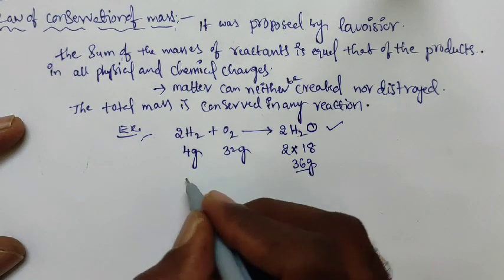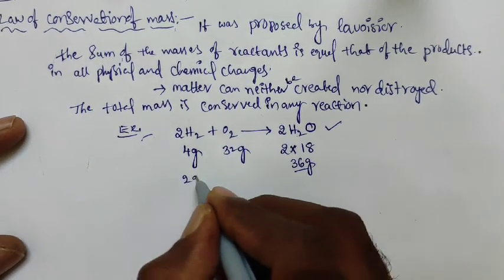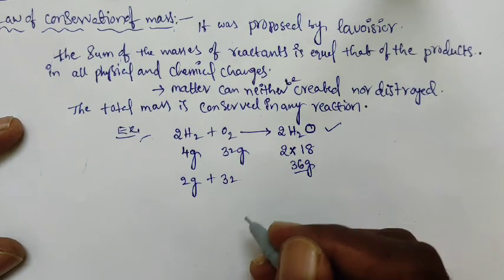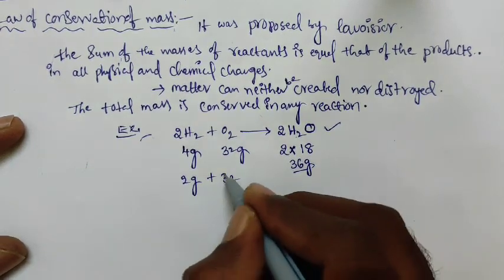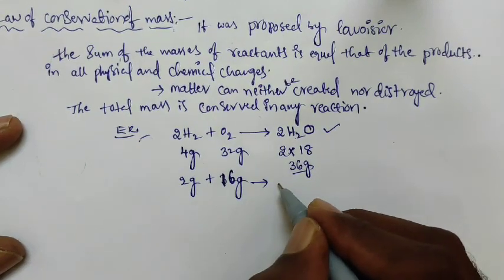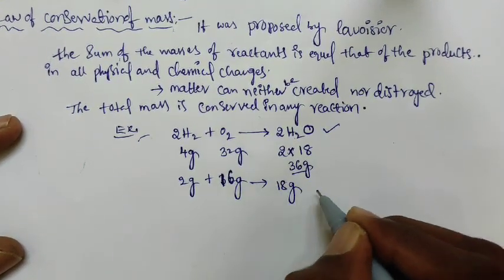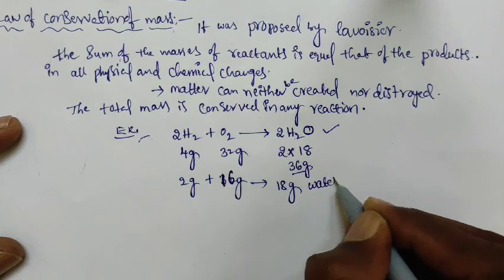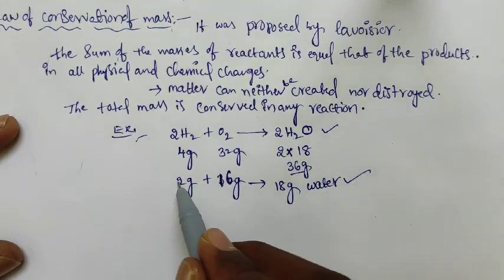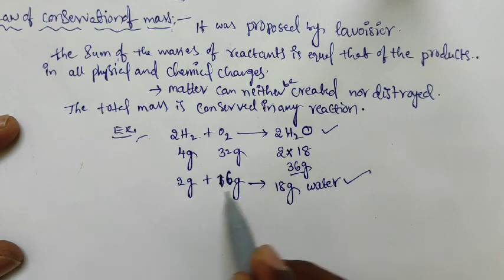In other words, 2 grams of hydrogen react with 16 grams of oxygen to produce 18 grams of water. It is the unbalanced equation, meaning like this. So 2 grams plus 16 grams we will combine.